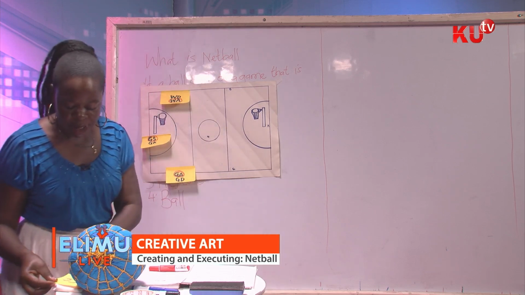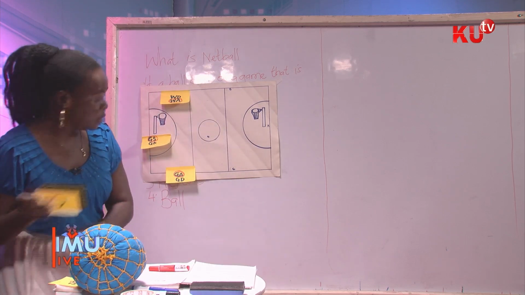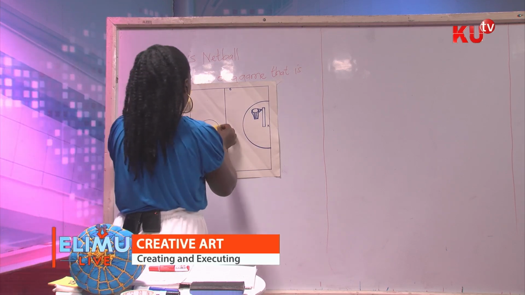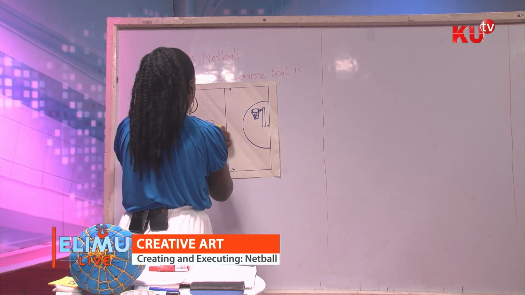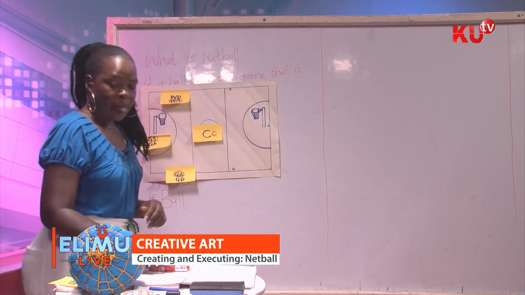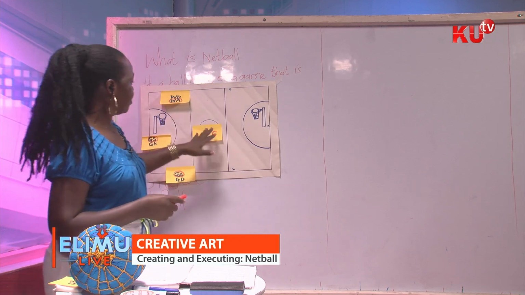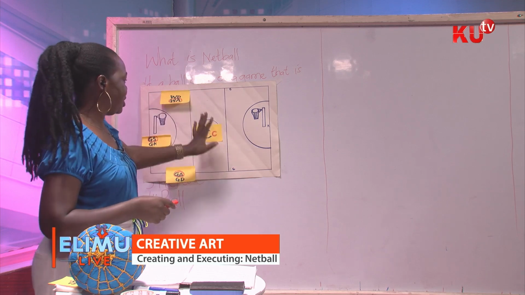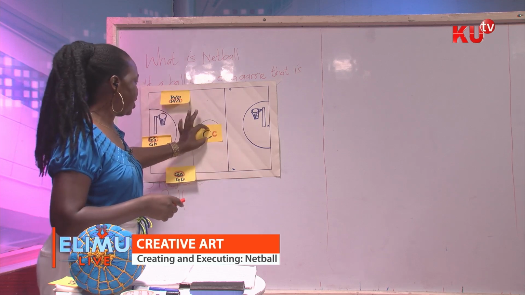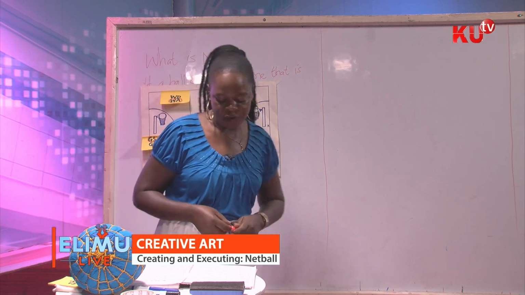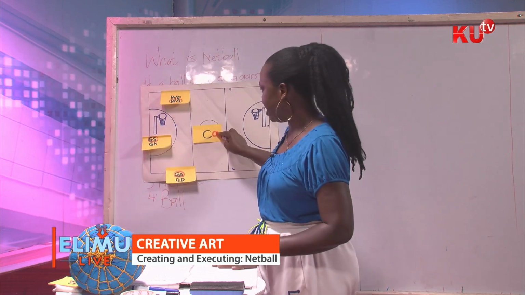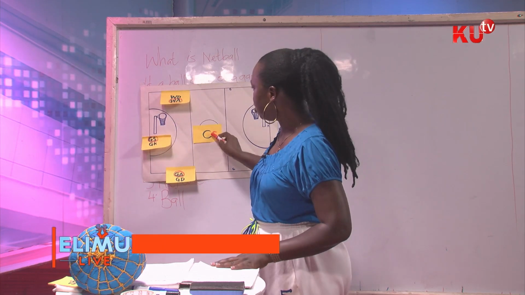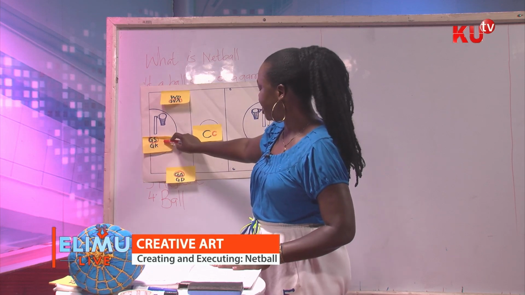And then we have number 4, which is the center, at the center here. The player at the center is named C, meaning center. The work of the person in the center is to make sure that the ball goes towards their side.